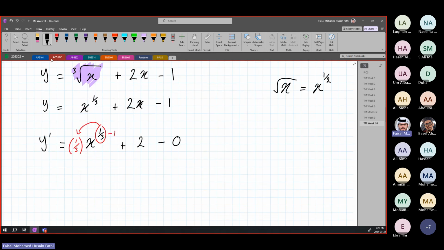Okay, so simplifying this is going to be 1 over 3 x power 1 over 3 minus 1 is going to give us minus 2 over 3.